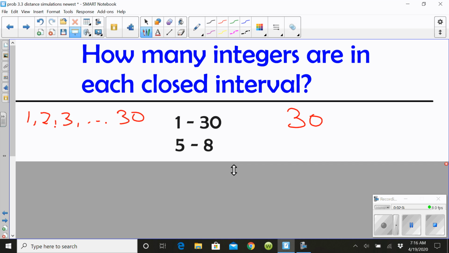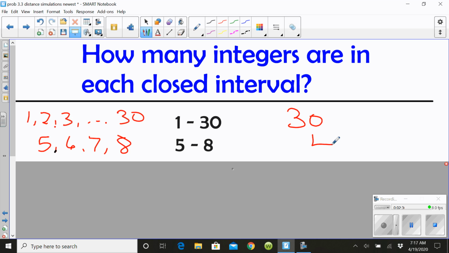Now, what about this interval? How many integers now? I'll bet if I could hear all of you thinking right now, some of you are saying 3, and some of you are saying 4. So maybe what we should do is list them. This is a small interval, 5, 6, 7, 8.